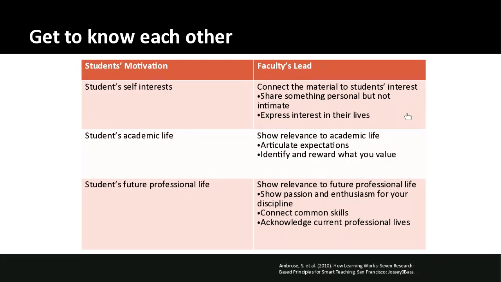So your students' academic life. Again, show that you know that they're busy people and they have other classes, but also that your class is important and you want them to be successful in their academic life. So I always suggest that the faculty can do that by articulating expectations.